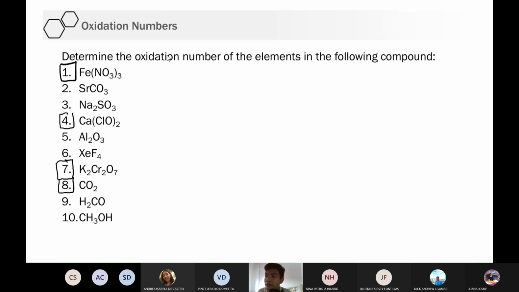Anyway, so let's determine the oxidation number of the elements in iron 3 nitrate, calcium hypochlorite, potassium dichromate, and carbon dioxide. No? Okay? So yung iba kayo na bahala dyan, ha? Okay. So let's have number 1.